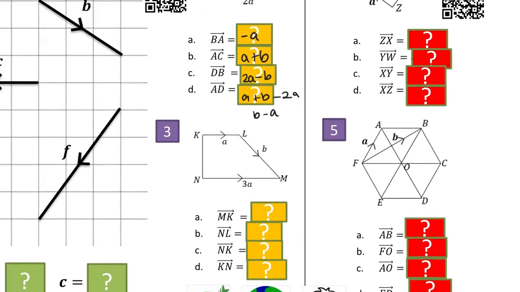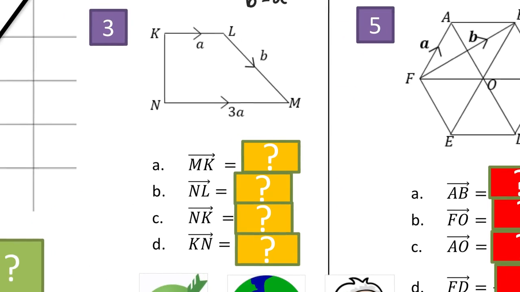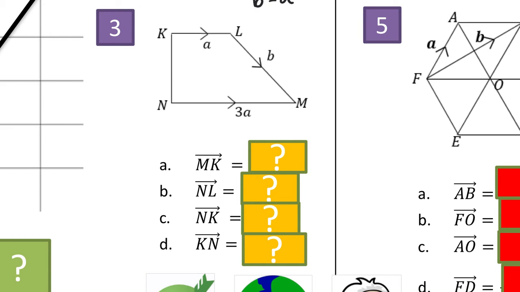Yep. Okay, question 3. MK. Minus A, M to K. Yep, I mean, I would do minus A minus B. NL. 3A minus B. Yes, I nearly put minus 3A then. 3A minus B. N to K. 2A minus B. Yeah, because it's 3A minus B minus A, which is 2A minus B. And then K to N. B minus 2A.